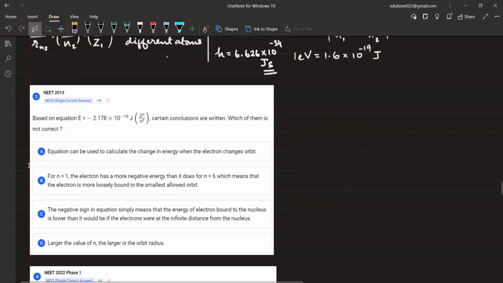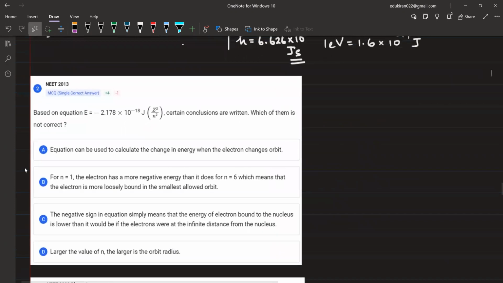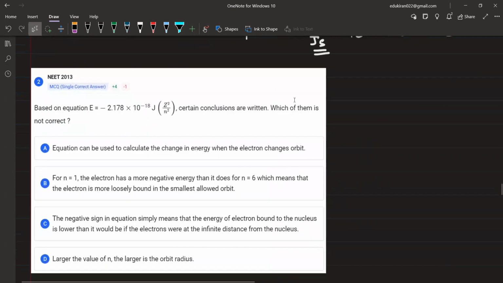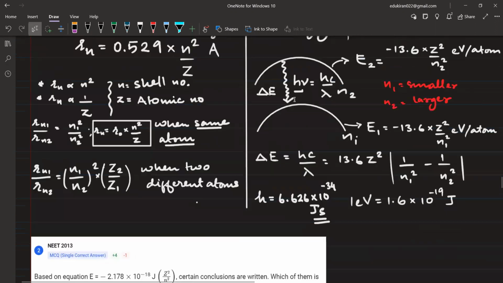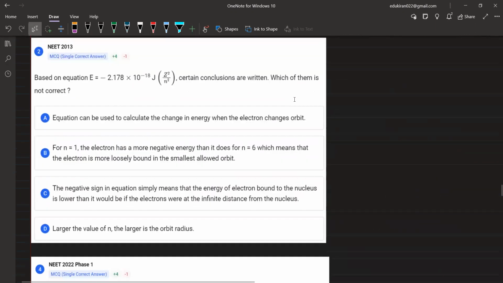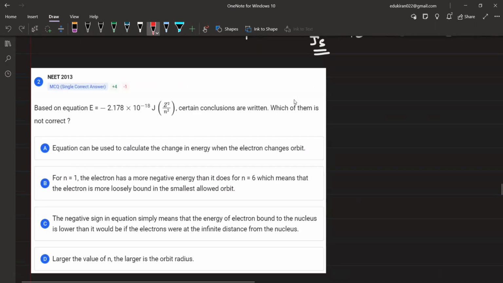Try this question. Compare this one with this one.